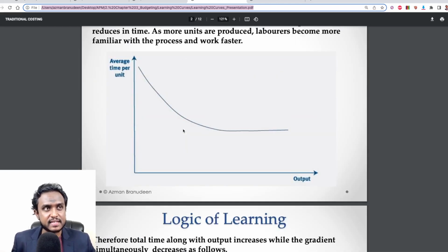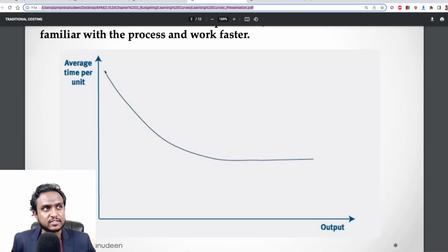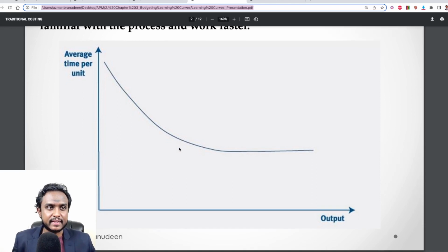And what that does is you will see a slight fall of the average time per unit. The average time per unit will slowly fall, but it won't just continuously fall because you will need a minimum amount of time at the end of the day. And it might even go up and down depending on the mood and how tired they are, and what kind of issues they have. But on an overall basis, in an ideal world, it will continue to fall and hit a certain peak efficiency level, and when they are really familiar with it, it'll stagnate and stay at that level.